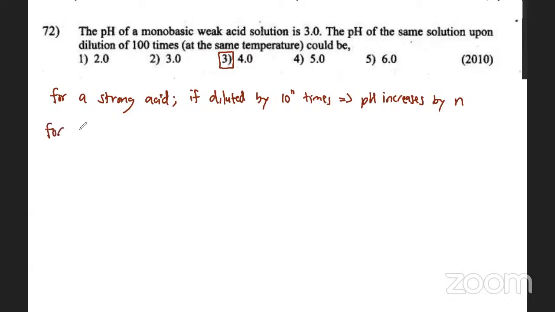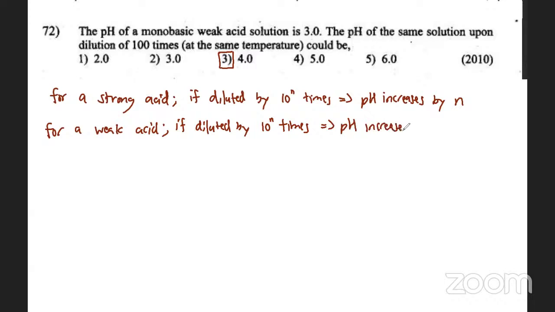For a weak acid, what do we study? For a weak acid, if diluted by 10 to the power n times, now 10 to the power n times means 10, 100, 1000, right? What happens to pH, people? pH increases by n over 2. So that's something we will have to remember.